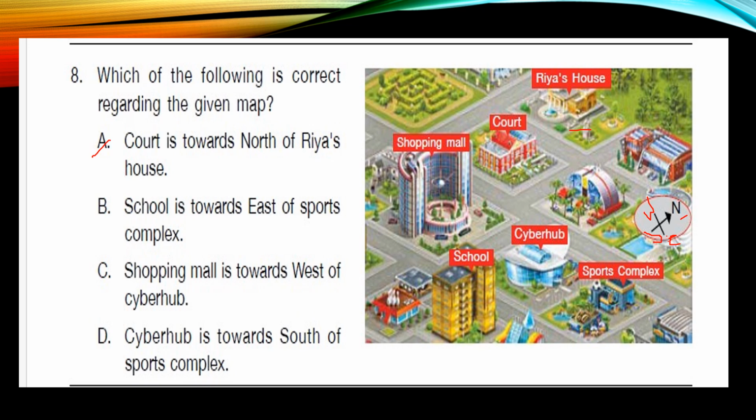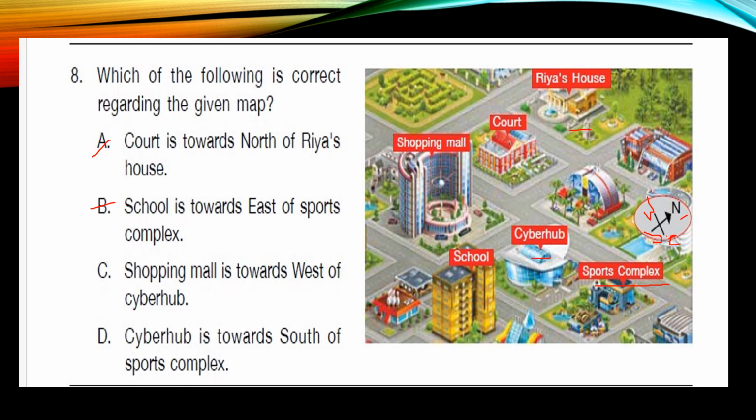Option B. School is towards east of sports complex. Here is the sports complex and the school is on its south side. So this is also incorrect. Option C. Shopping mall is towards west of Cyber Hub.